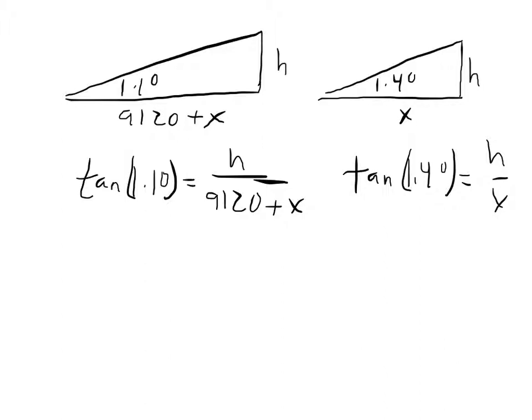How can I solve this? One strategy might be to set each expression equal to H, and then set those two expressions equal and solve for X. That's not a bad idea.